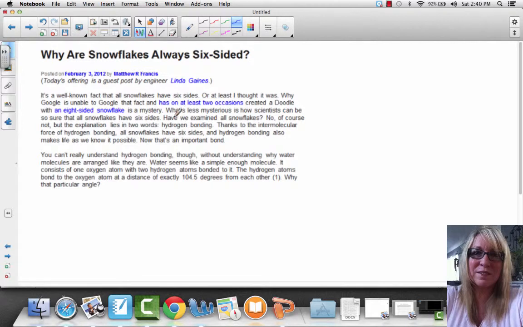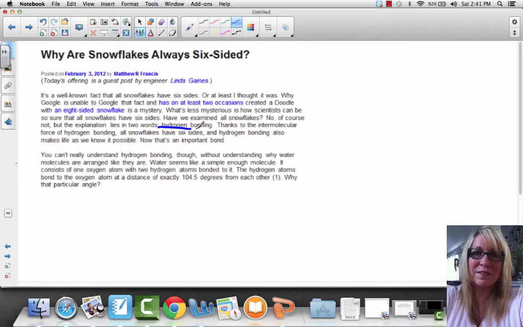Why Google is unable to Google that fact and has, on at least 2 occasions, created a doodle with a 8-sided snowflake is a mystery. What's less mysterious is how scientists can be so sure that all snowflakes have 6 sides. Have we examined all snowflakes? No, of course not. But the explanation lies in 2 words: hydrogen bonding.